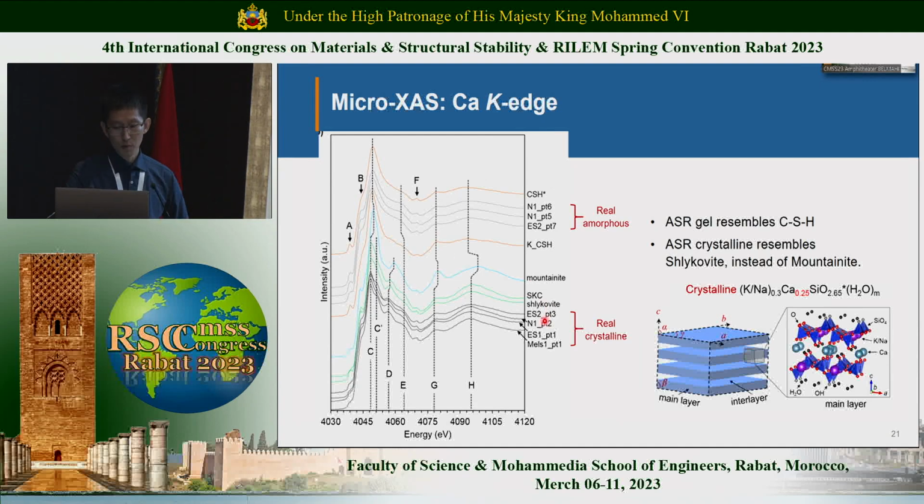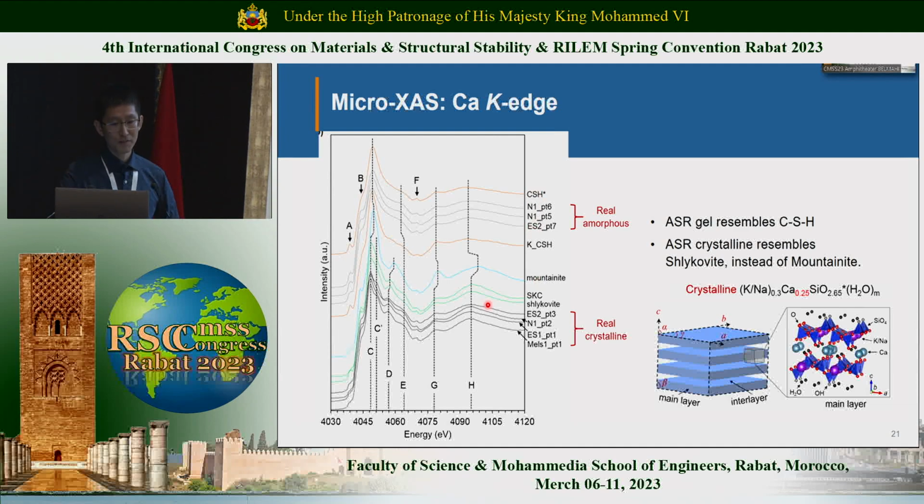For example, we compare the absorption spectra of all these crystalline products with minerals called schlickovite and another mineral called montanite. I probably will not have time to explain why these 2 minerals, but they are long-term suspected as the crystalline form of ASR product, although we're not completely sure. We also compare the amorphous one with other amorphous material, for example here CSH.